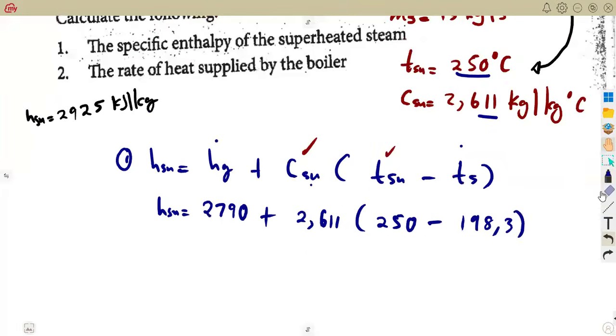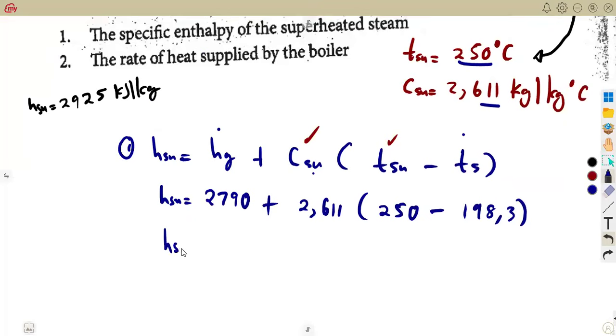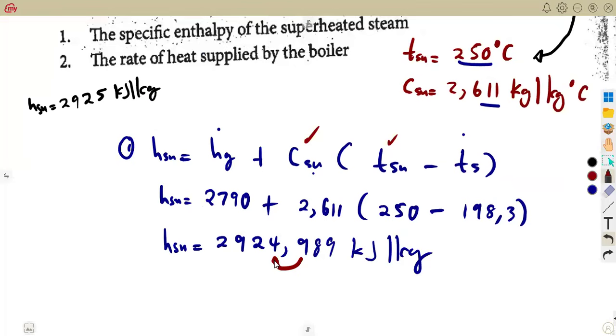So with this, guys, your H sup was going to be calculated, the end of the superheated steam. And this was going to give us 2,924,989 kilojoules per kilogram. As you can see, guys, these values are approximately the same. By just rounding off, this becomes a 5 there. Yes, because we are using a rounded off figure.